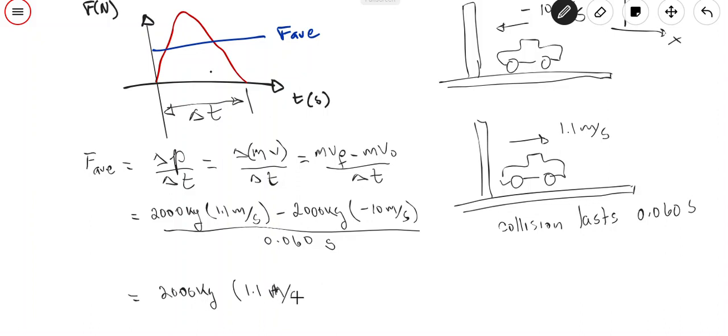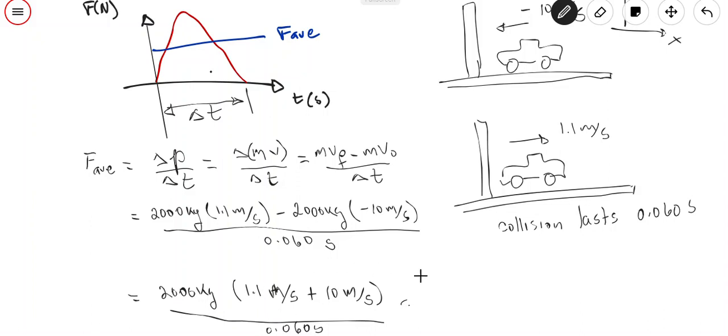We always put the units. Remember that in physics, when we have a number, like velocity or mass or any physical quantity, without units it becomes meaningless, right? So that's why it's important to always use the units. So we have 1.1 meters per second plus 10 meters per second, because negative times negative becomes positive, all divided by 0.060 seconds.